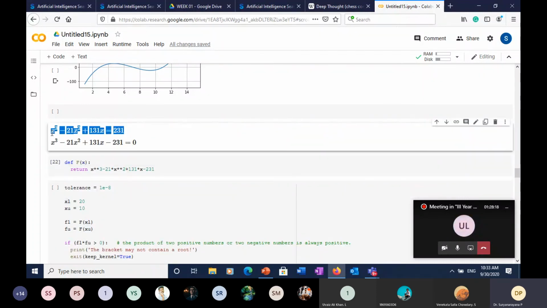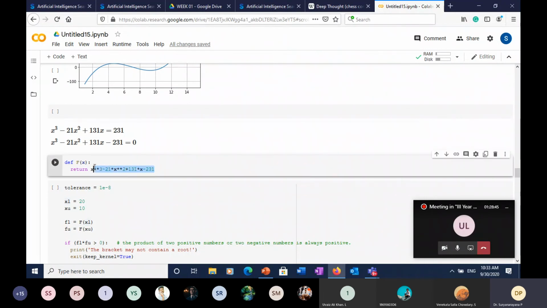So this is the original equation: x cubed minus 21 x squared plus 131 x equals 231 is the original equation. But if you want to solve it using the bisection method, everything has to be brought to one side. So x cubed minus 21 x squared plus 131 x minus 231 equals 0. So this 231 we got to the other side, and that is the expression here.